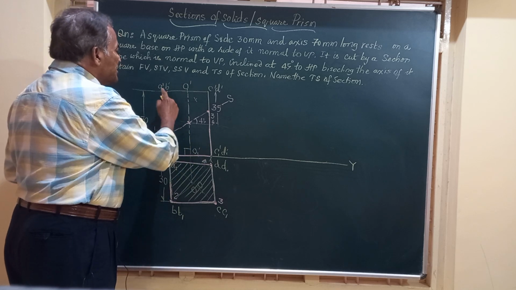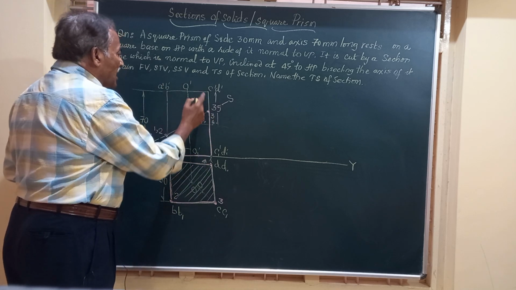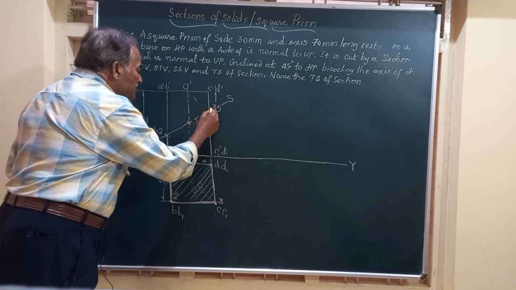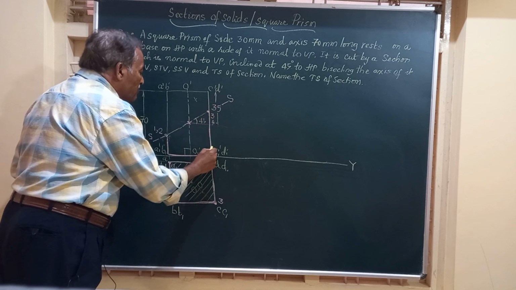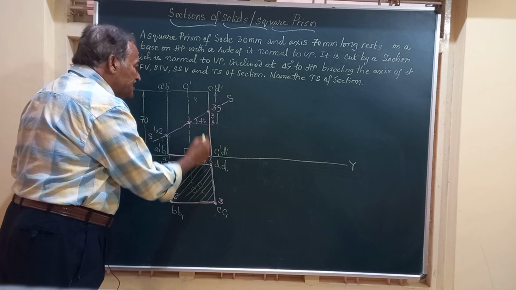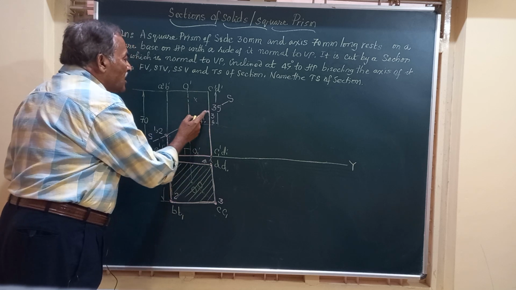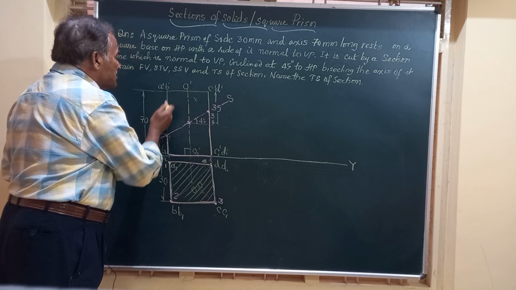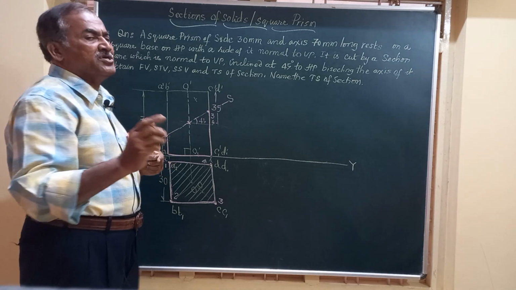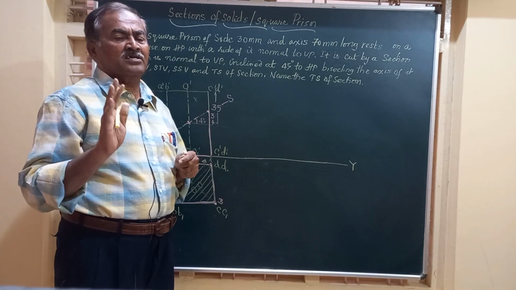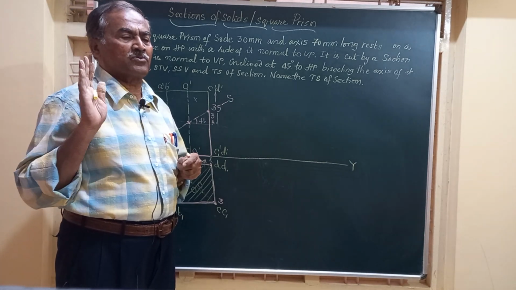The front view is this, complete, and these lines, what I have shown by dark, should be drawn by thick lines or visible lines, and all the lines above this cutting plane should be shown by thin lines, just visible to the observer.